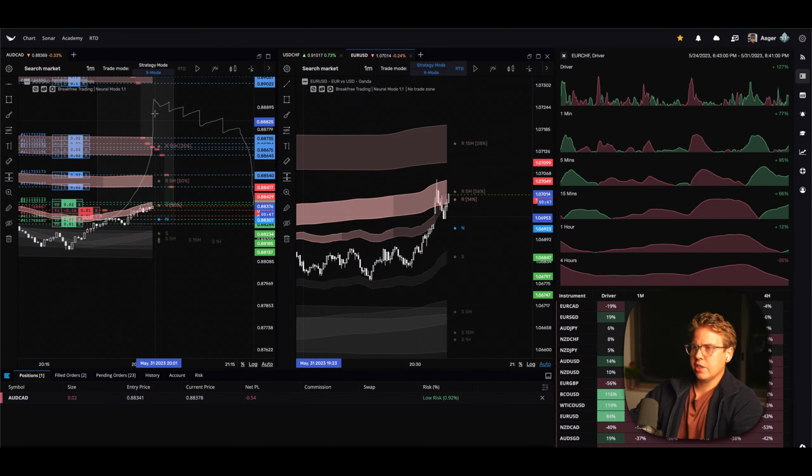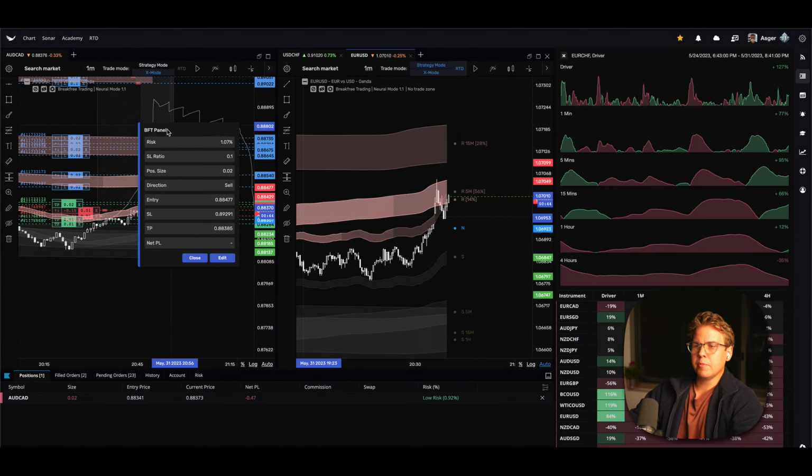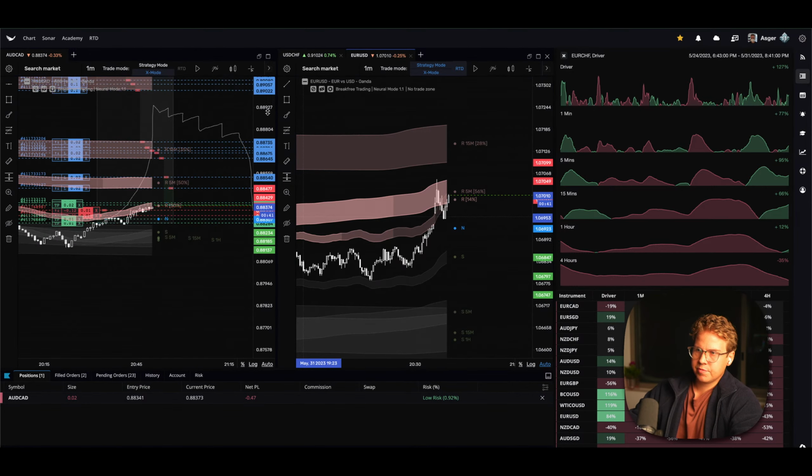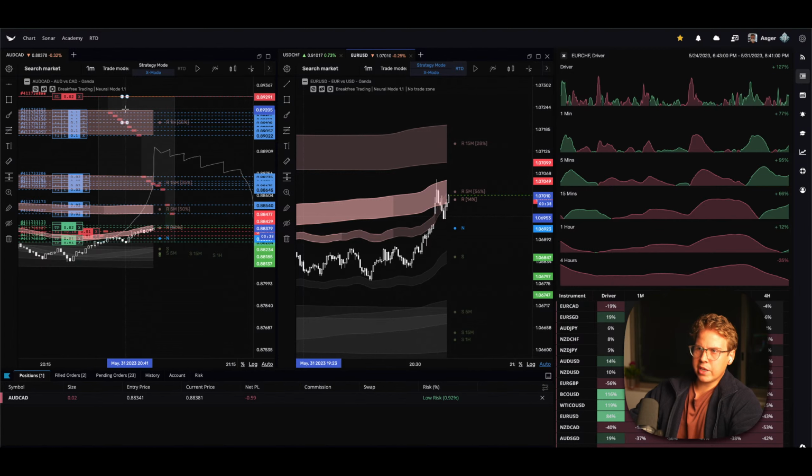In the event that AUD CAD keeps going up here, the 1 minute trades become irrelevant, because the size that we're going to enter with on the 1 hour and the 15 minute will completely outweigh the 1 minute and the 5 minute. When you get the bounce to around here, maybe even here, you'll get break even, and here you'll make a decent profit and just get out of it. These positions will maybe lose, but the 5 minute, 15 minute, 1 hour usually win. So that's really the approach here.